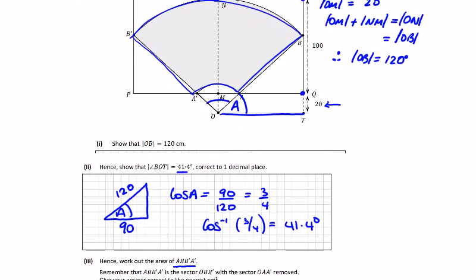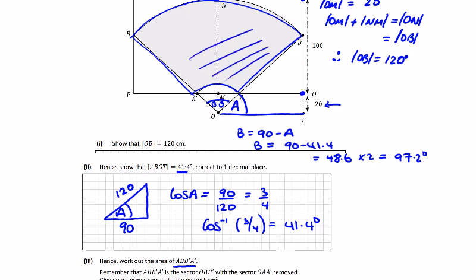Well, this angle in here, B, is equal to 90 minus A. So B is 90 minus 41.4, which is equal to 48.6. And we have two of them in here, so we have times 2. That's 97.2 degrees. This is shaded in here, so we're just looking for the shaded area.